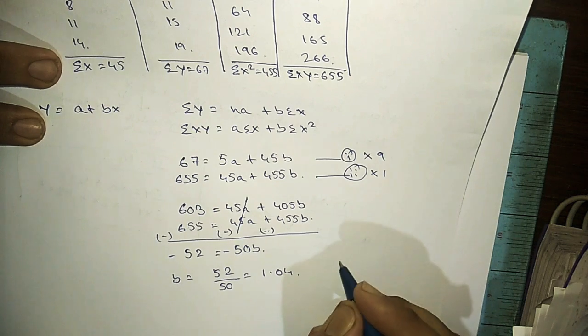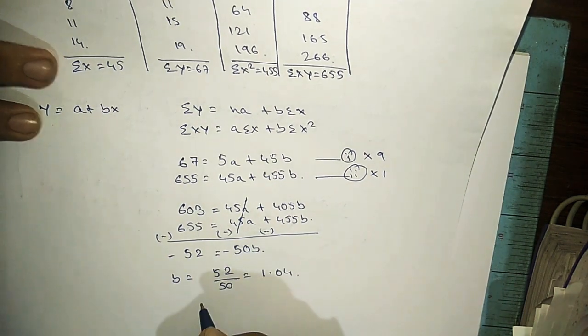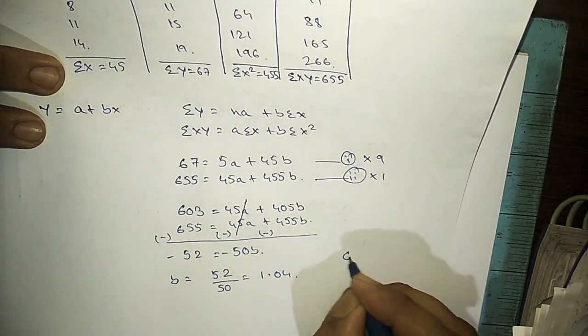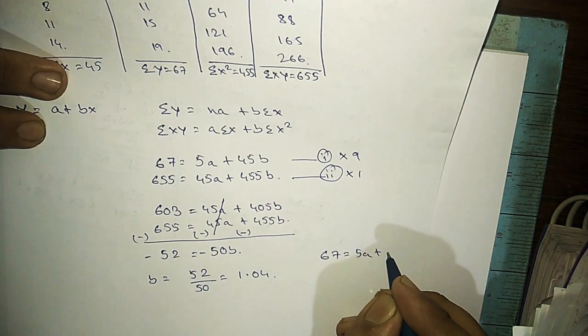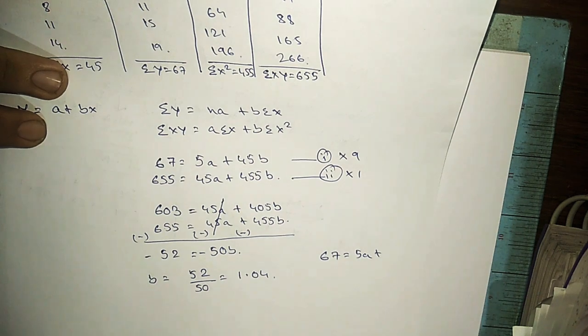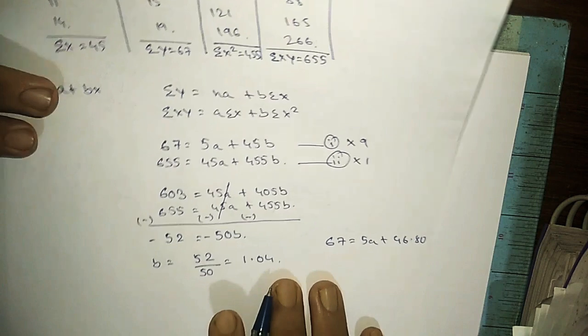Now putting the value of b in equation 1: 67 equals 5a plus 45 into 1.04, which is 46.80.